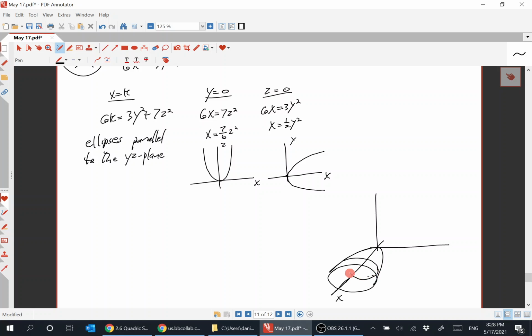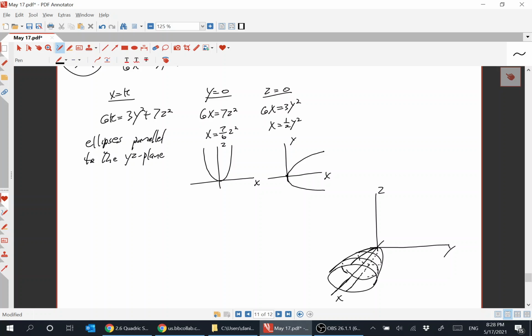Don't need to draw really that other parabola. This is enough to sort of frame that. So we see these ellipses parallel to the yz plane, and then we have these parabolas just sort of framing those ellipses to turn it into, you know, a nice smooth surface.